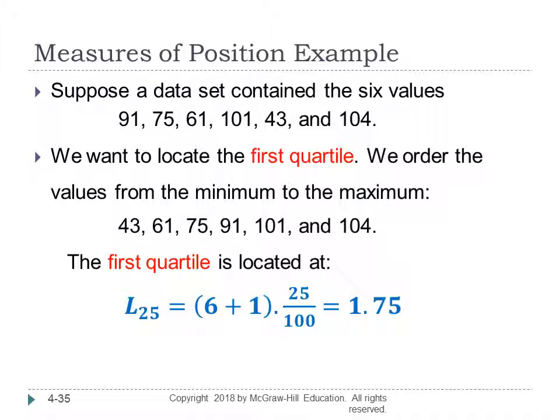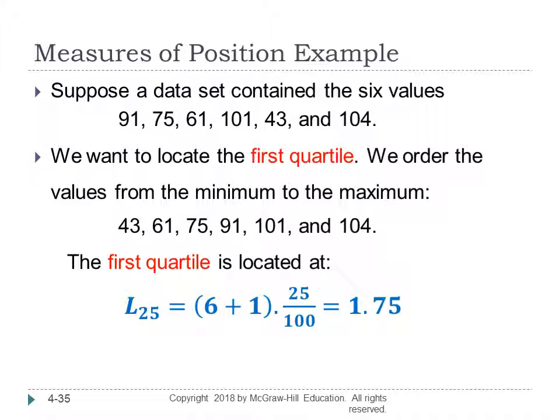First step, as usual, we sort the data. The first value will be 43, and the last value will be 104. The first quartile is located at, using our formula, L25: 6 plus 1 times 25 over 100, which will be 1.75.